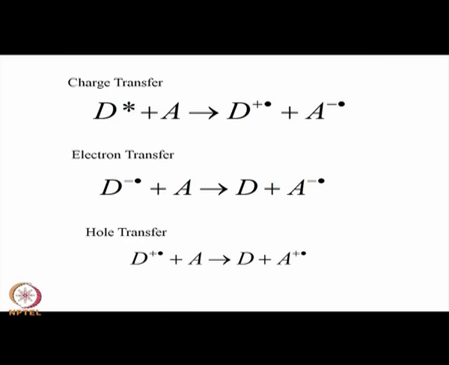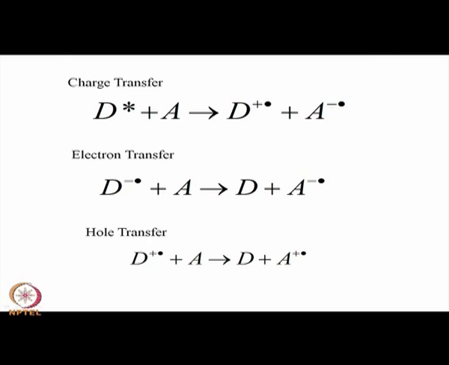The first process is charge transfer: D star plus A gives D plus dot plus A minus dot. This is also an electron transfer or charge transfer, because a hole is created over here and an extra electron comes over here.